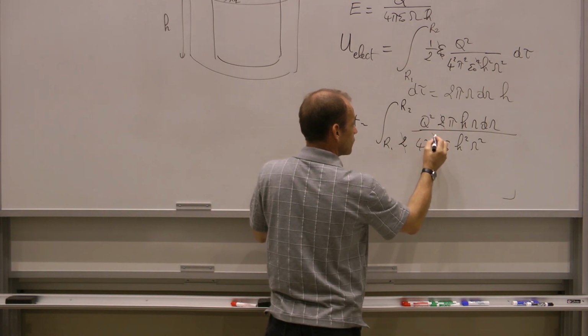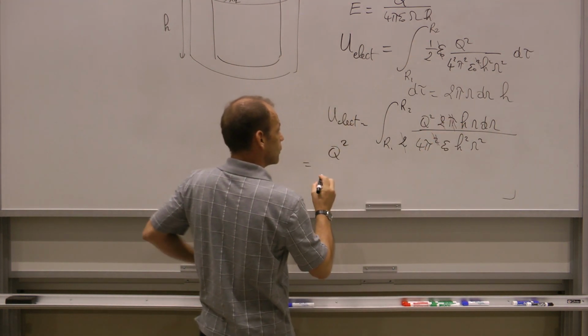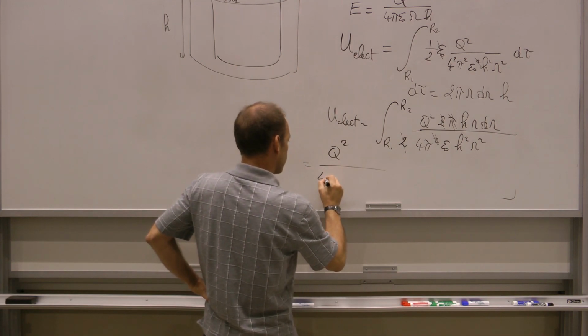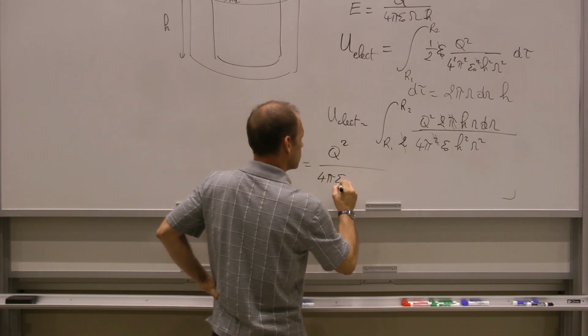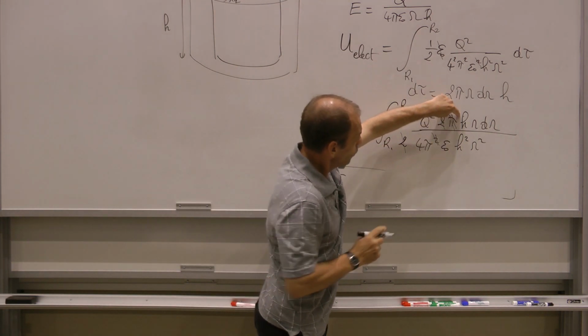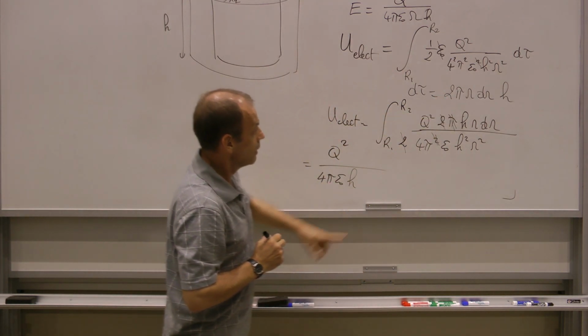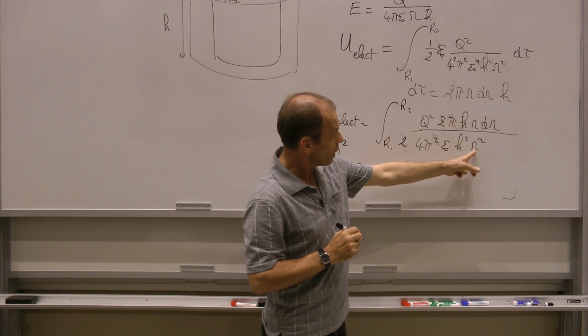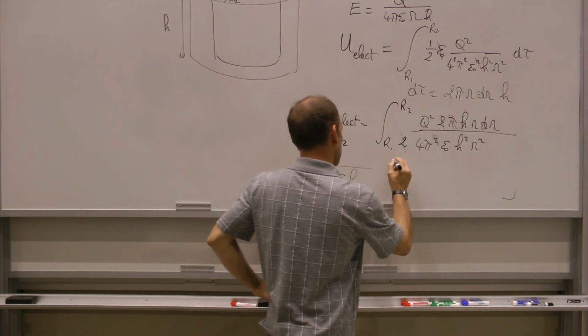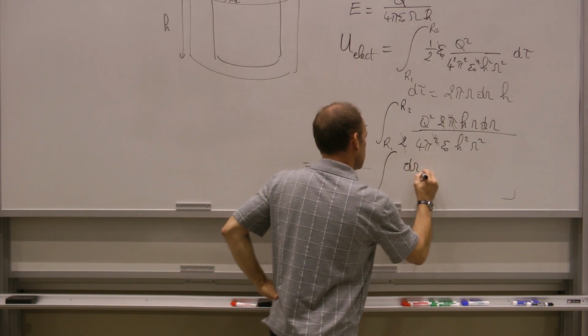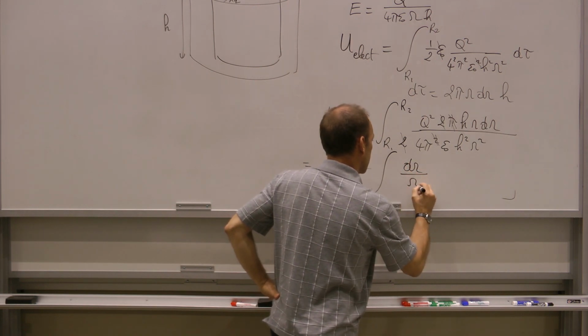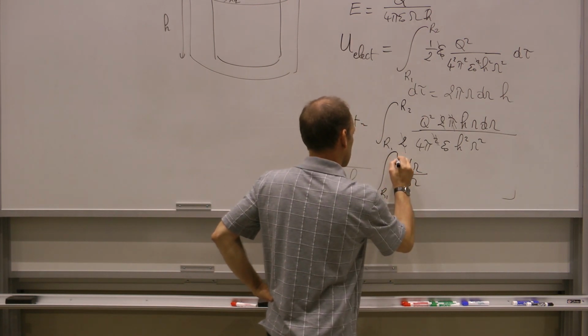One of the pi's cancels out. So down here we get 4 pi epsilon 0. H term, I have an h and h squared, so I have an h down in the denominator. And r terms, r over r squared, that gives me just one of them, and that stays in the integral, dr over r between r1 and r2.